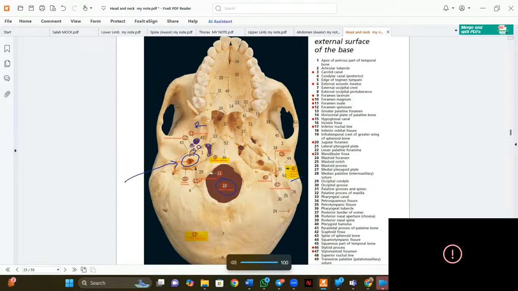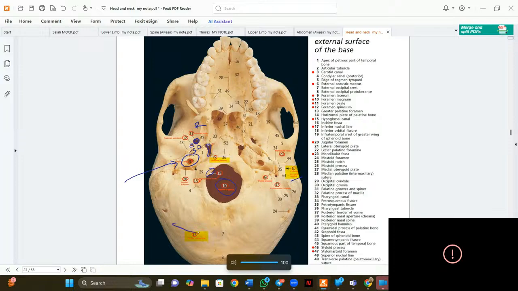15 is hypoglossal canal. Okay. Then 17. Where is 17? 17 is inferior nuchal line.